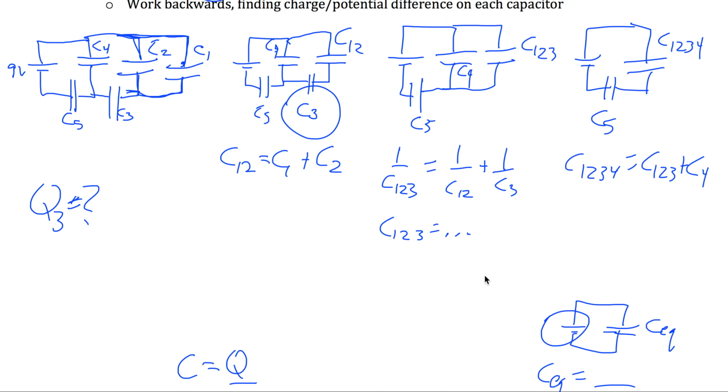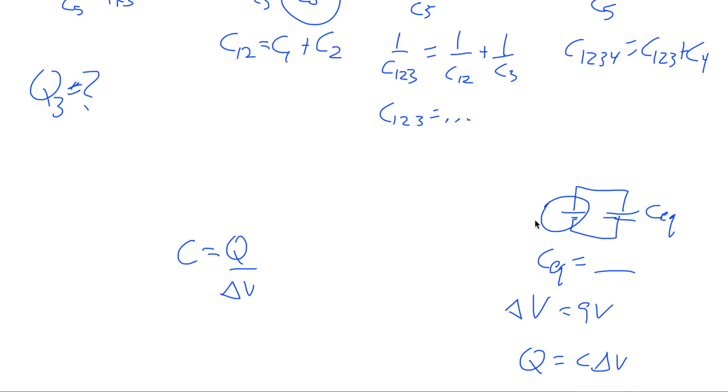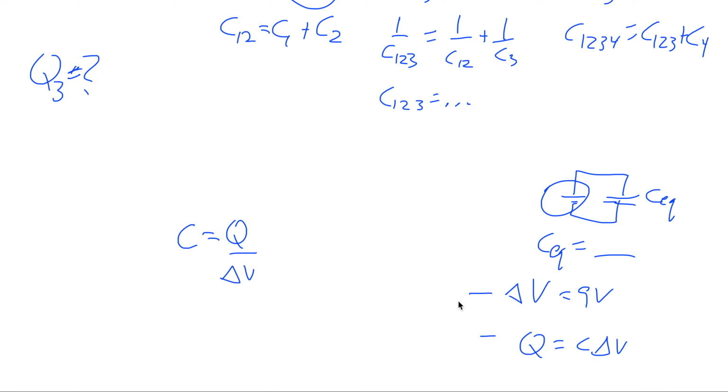And then you go back. We're asked about the charge on 3, so we know that C1234 will get us to C123, which will get us to C3. So now we care about C1234. We need V and Q for this one. So you're always going to bring back one of these two variables. Which one?